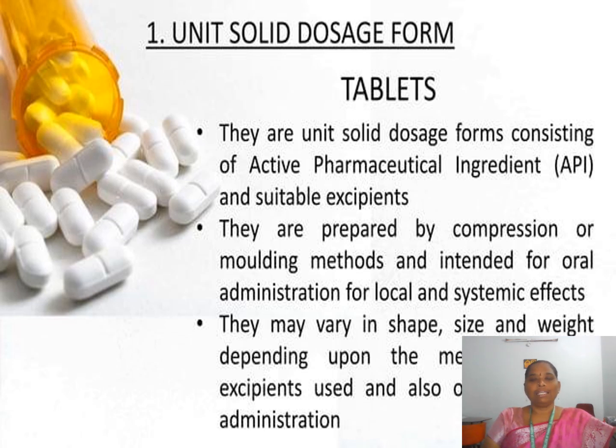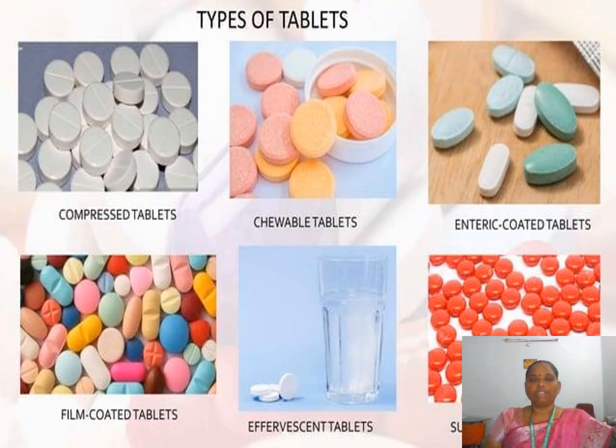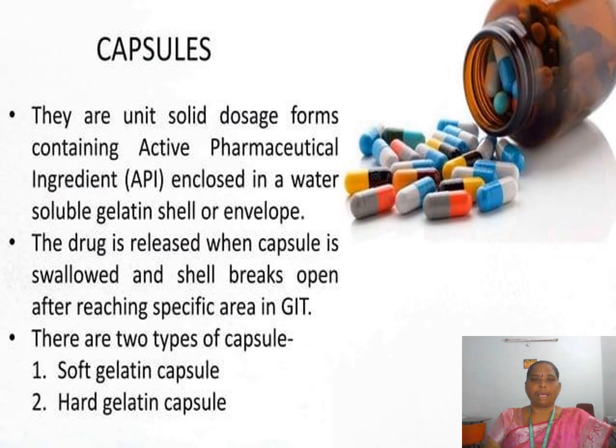They may vary in their size, shape, weight depending upon the method of preparation or route of administration or the excipient used or the size of the dose of the drug. There are various types of tablets like compressed tablets, chewable tablets, enteric coated tablets, film coated tablets, effervescent tablets and sublingual tablets. These are the types of tablets.